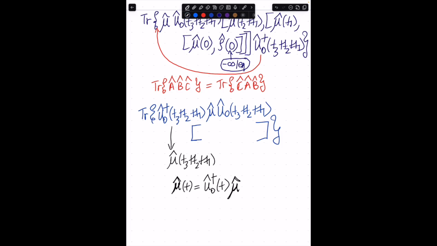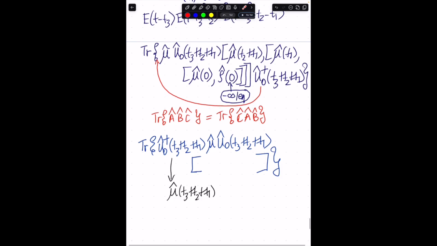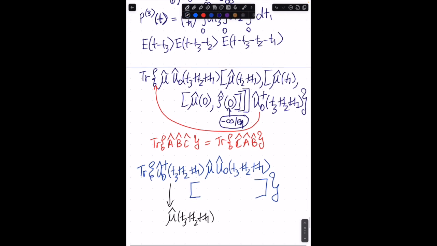So this is how I define the dipole operator in the interaction picture. So this term is just mu at t3 plus t2 plus t1, using this definition of the dipole operator in the interaction picture. So that's how you deal with these two zeroth order time evolution operators once you take the trace. So it's quite neat. The math is very nice, I suppose.